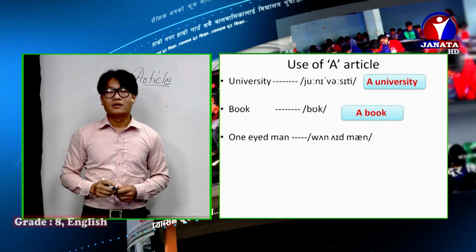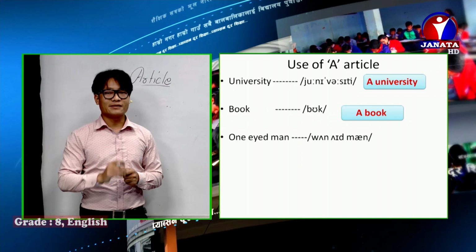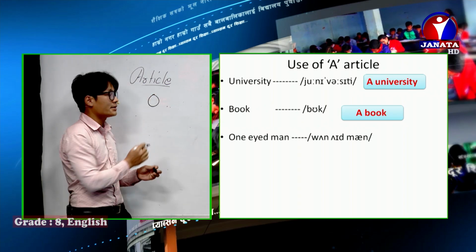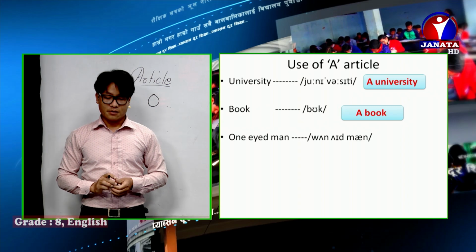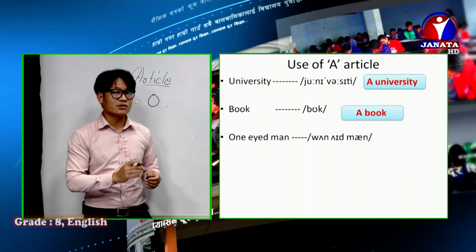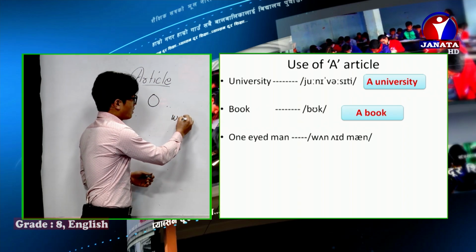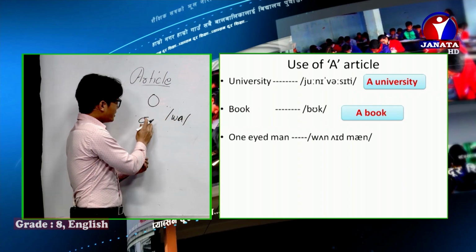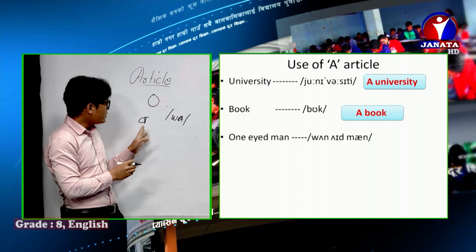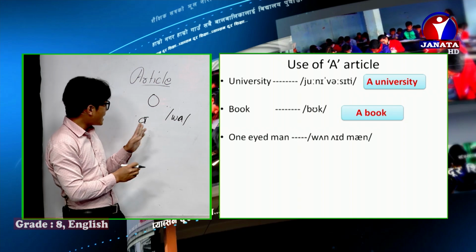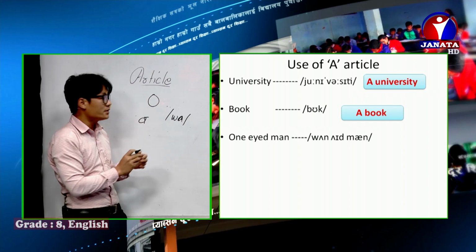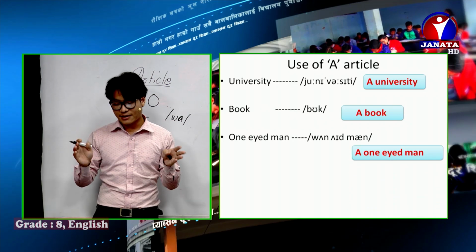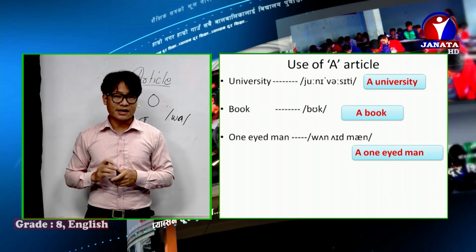Okay, this word's first letter is O, which is a vowel letter, but the pronunciation starts with 'wa'. Pronunciation starts with a 'wa'. And this 'wa' is found in consonants, ka, kha, ga. So that's why, according to the sound, this one-eyed man takes A article: a one-eyed man.